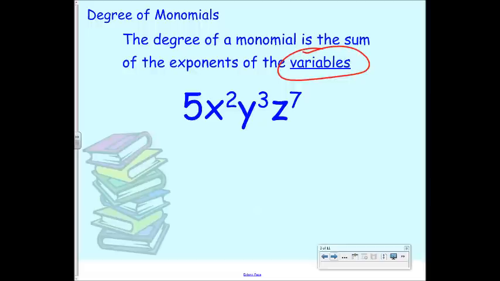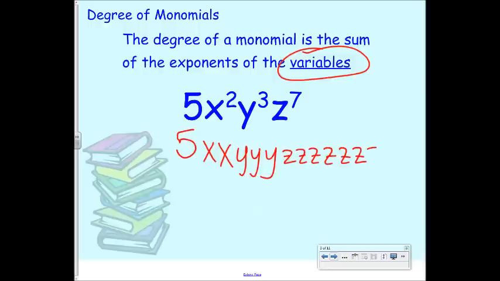So in this monomial, how many x's are there really? 2. Because if I wrote this out, what would it look like? x times x, so it'd be like 5xx, and then what? y, and then, okay, 5xxyyyzzzzzzz.